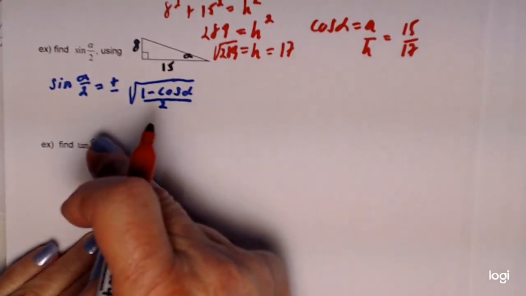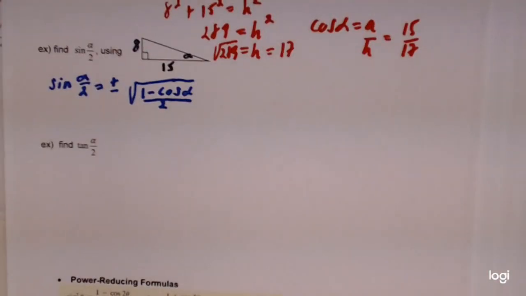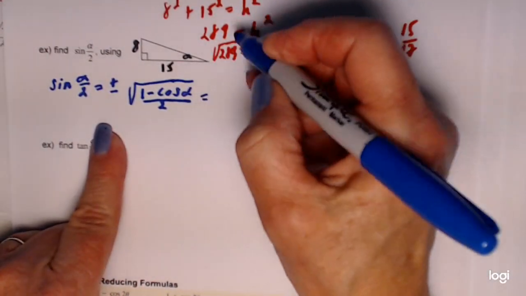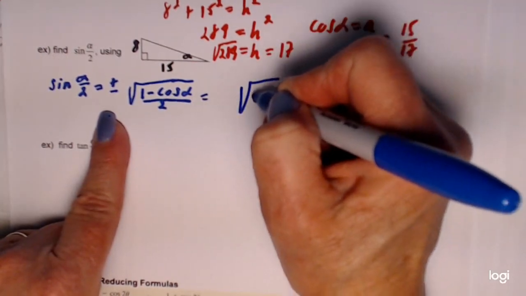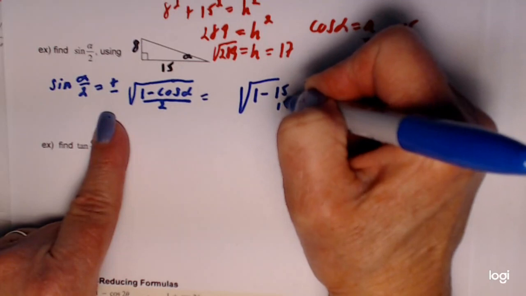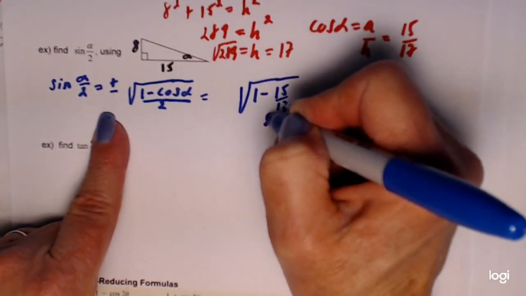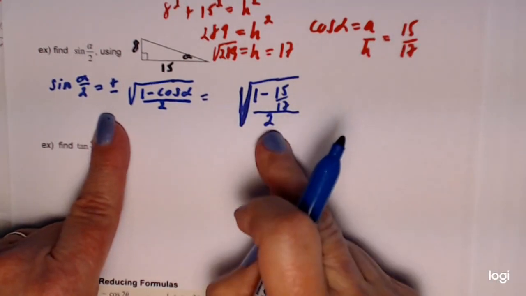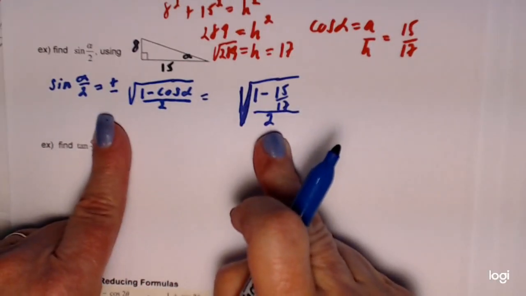So we can come here to our formula and we can make our substitutions. And so here we have, this would be equal to square root 1 minus 15 over 17, and all of this is over 2. I want to make sure you see that that 2 is under the square root symbol.